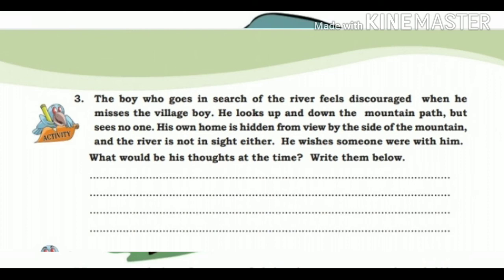Just try it. Okay, so here I am providing you some hints. It's just a hint. By this hint you have to write it alone. I'm just providing the hints which help you to write the thoughts of the boy.